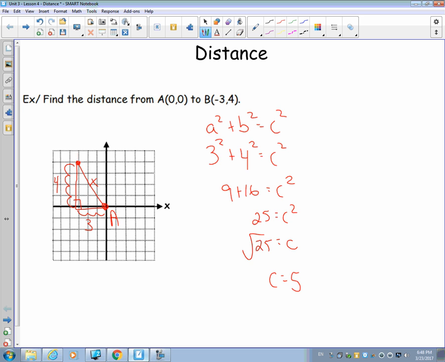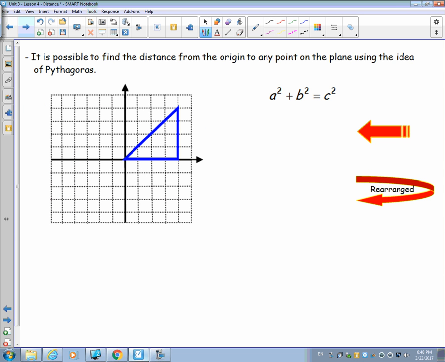The nice thing about this idea is it's transferable. That means I can use it anywhere, for any points, as long as I use it in the same way. So if I want to find the origin point to any other point, I can use the idea of Pythagoras, but I'm going to change it up slightly.